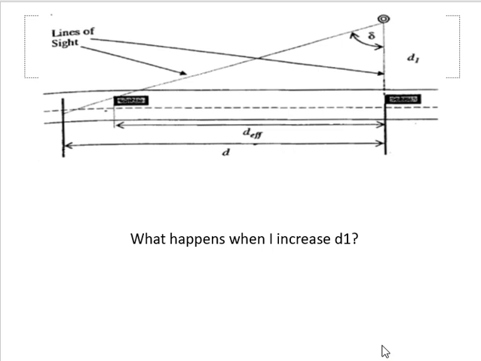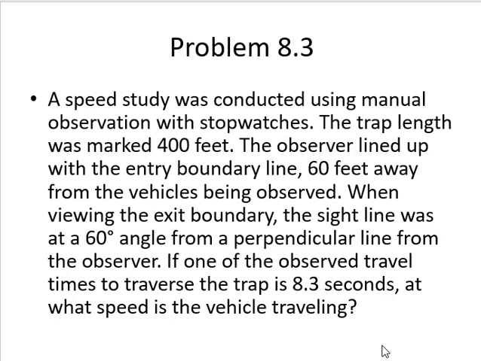He is supposed to note down the time for D, 400 feet. The observer is lined up 60 feet away from the vehicle. So he is 60 feet away from the road, D1. The vehicle is on the road, right?